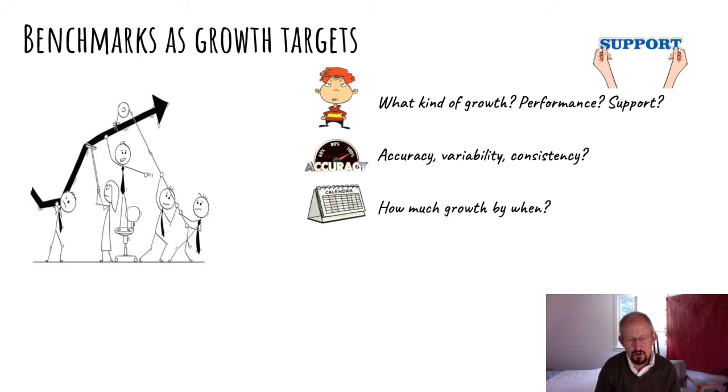A third issue is how much growth by when. So here we're not only trying to figure out the statistic, so accuracy, variability, consistency, performance or support, but by what date? How much time do we have to achieve that growth target? That's important because it's going to relate to our methodology.